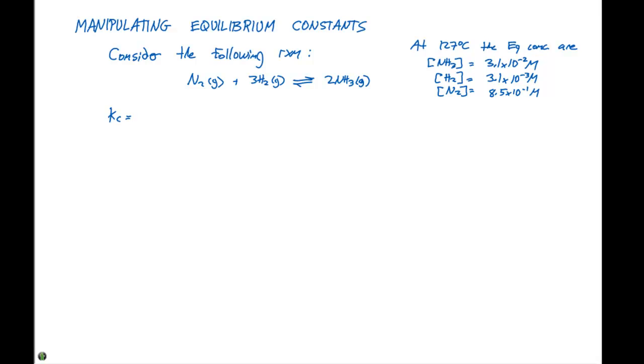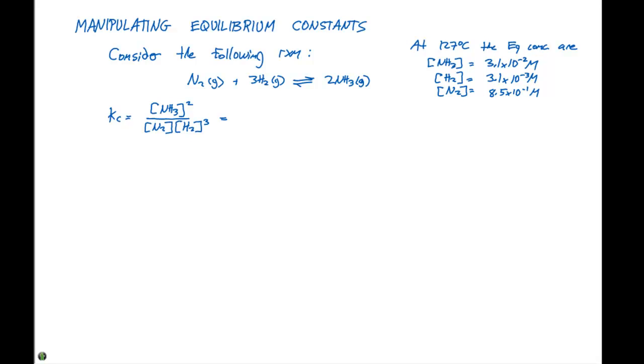And to set up the Kc expression, it's going to be the concentration of the products, and NH3 is going to be squared in this case, divided by the concentration of the reactants. So that's going to be the concentration of N2 times the concentration of H2 to the third power.